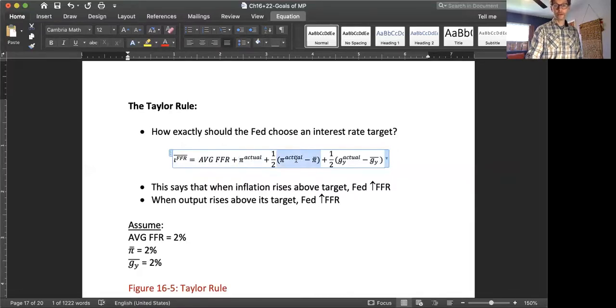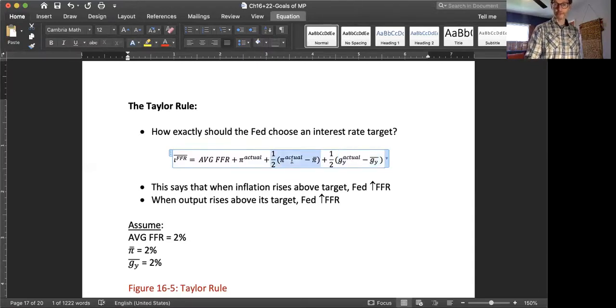And then we make some adjustment for how far above or below actual inflation is from our targeted rate of inflation. And then we make an adjustment for how far above or below actual output is from our targeted rate of output. So GY is our targeted rate of output, and Pi bar is our targeted rate of inflation.